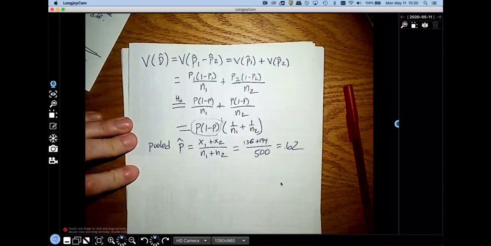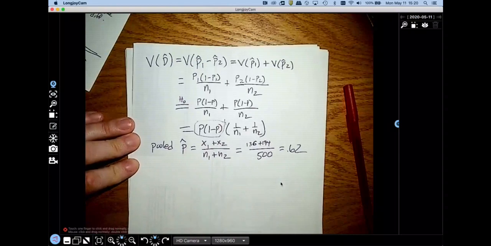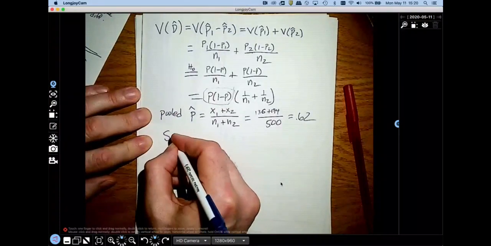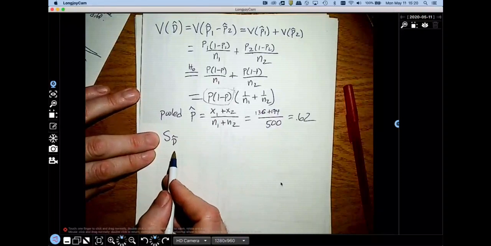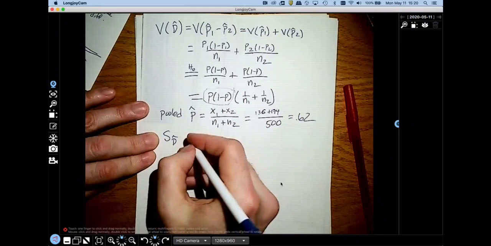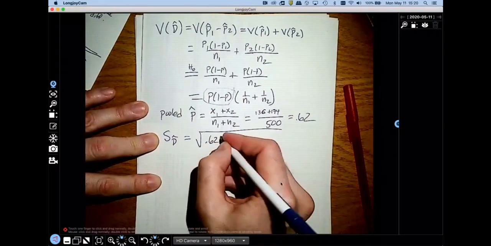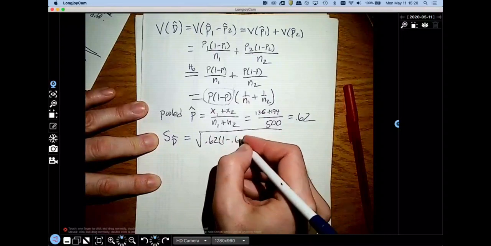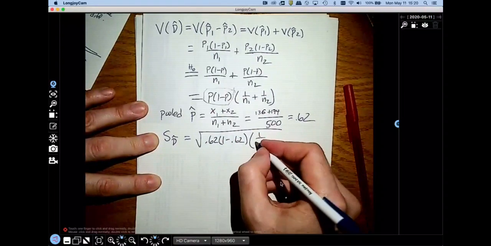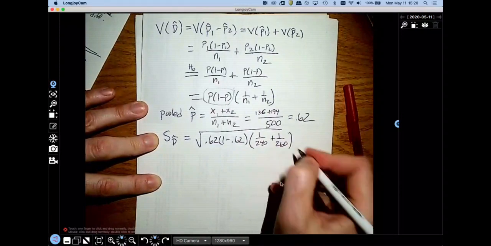So we could find the standard error of the difference, which I'll write as SD hat. This would be the standard error estimated from data. What I've done up here is all in theory. This is simply going to be the square root of 0.62 times 1 minus 0.62, and then I have 1 over 240 plus 1 over 260.